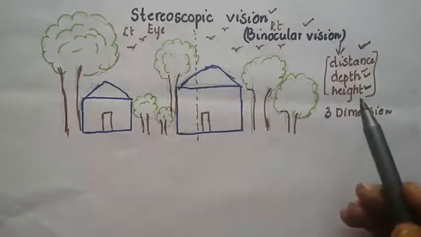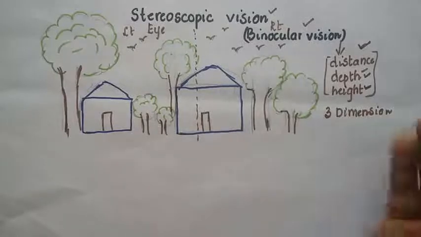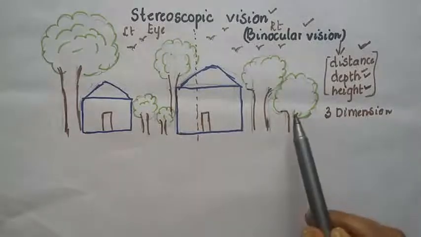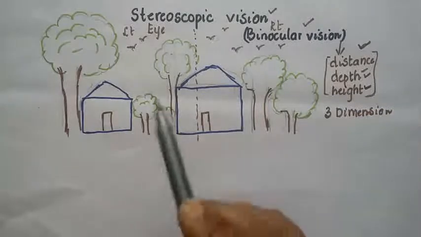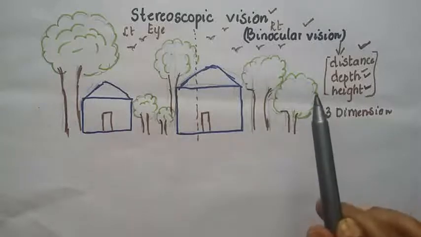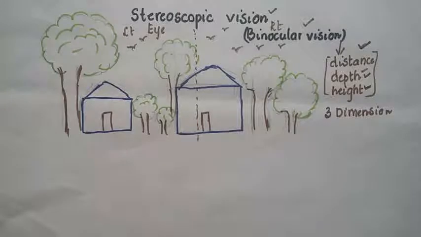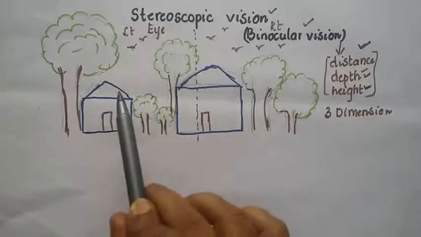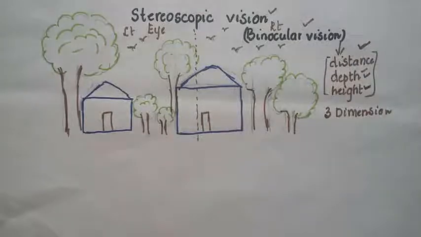In our right eye we have the images of these structures. What do we find on the right side? That is around 2 trees, few birds and a part of the house. So it means you can say that images in both the eyes are different from each other. So image formed in the left eye is different from the image formed in the right eye.